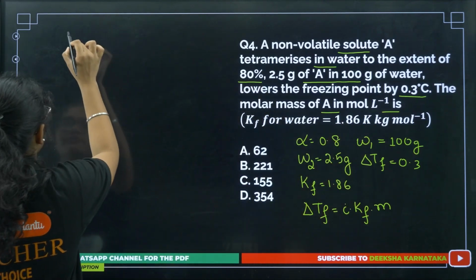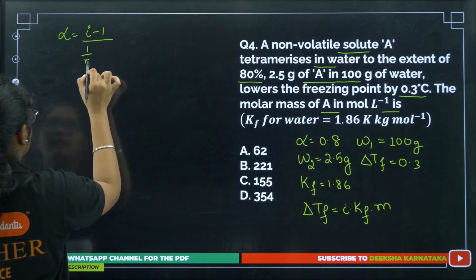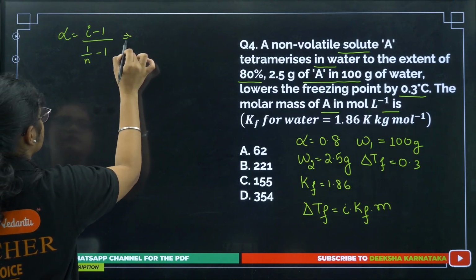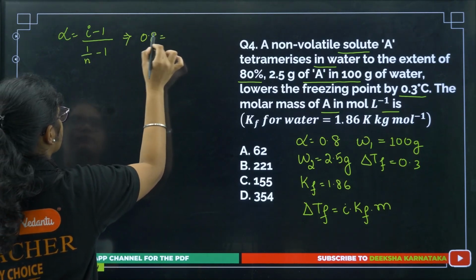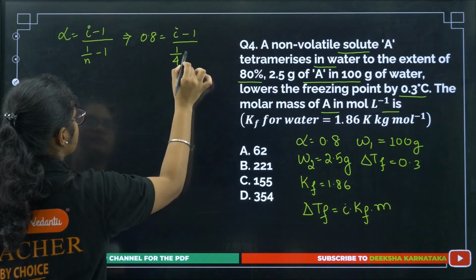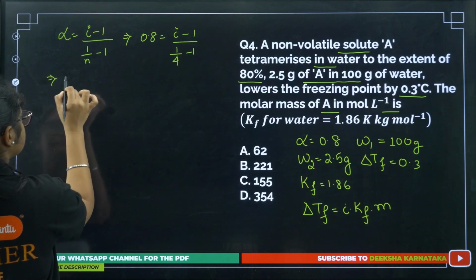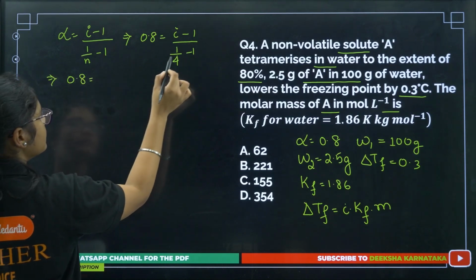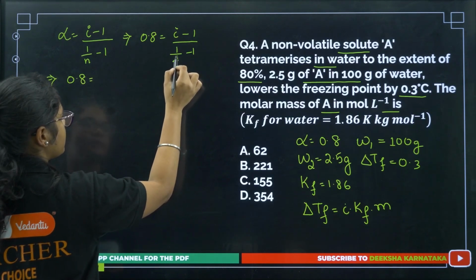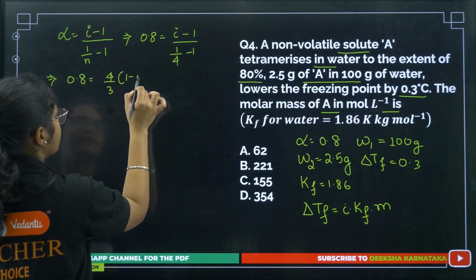What is the formula for alpha? Alpha is equal to (i minus 1) by (1 by n minus 1). So now 0.8 is equal to (i minus 1) by (1 by 4 minus 1), because it is tetramerizing. So 0.8 is equal to 3 by 4, right? So it will become 4 by 3 into (1 minus i).